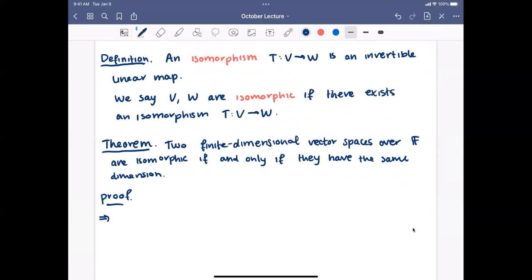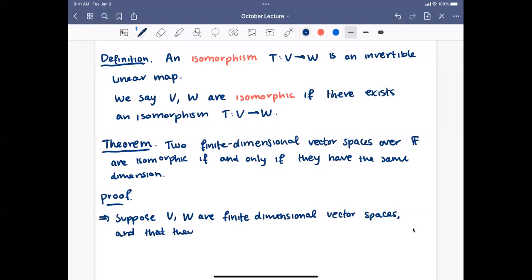Suppose that V and W are finite dimensional vector spaces, and that they are isomorphic.